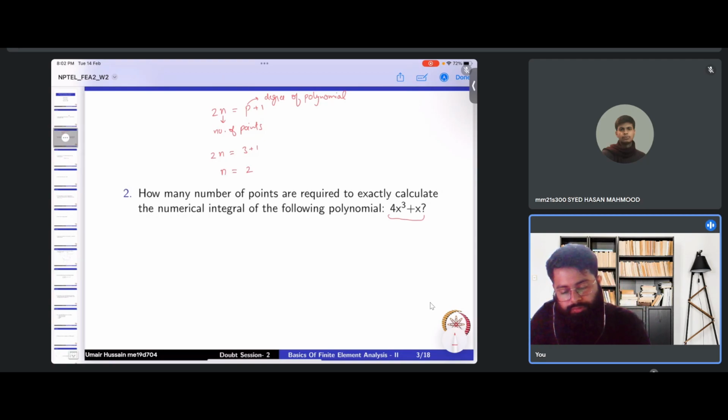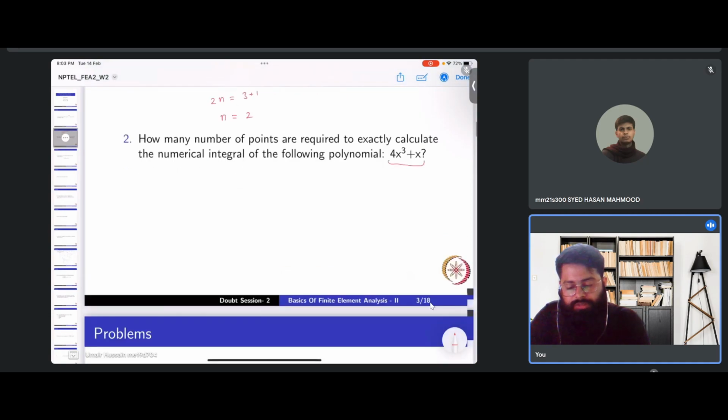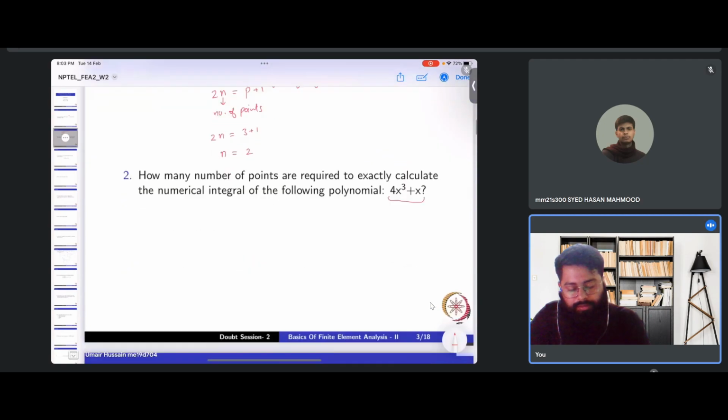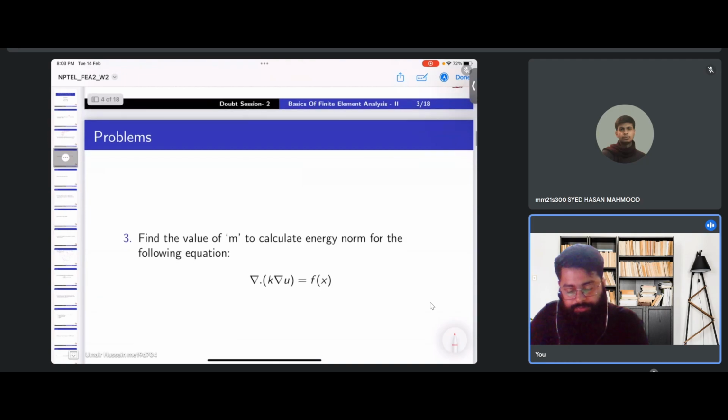We can just use two Gauss points, or two integration points, to exactly calculate the integral value for this integrand using numerical integration. This is not from what we studied so far, but we'll study it later in the coming weeks.